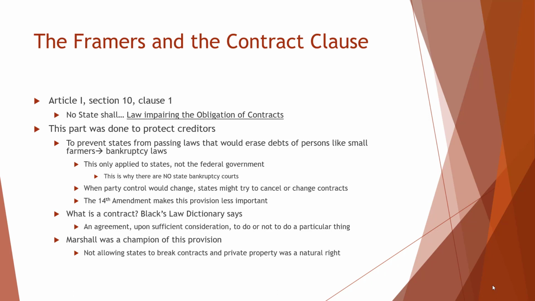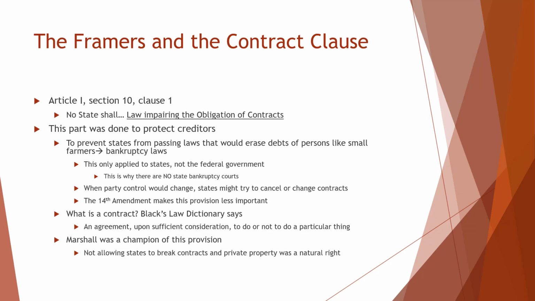So there's a lot of things built into that. The state of New York, for instance, could not make former Governor Cuomo Sir Andrew Cuomo. I don't think they were thinking about it, but they couldn't do it, because it literally says so there. But the important part for us is this: impairing the obligation of contracts.